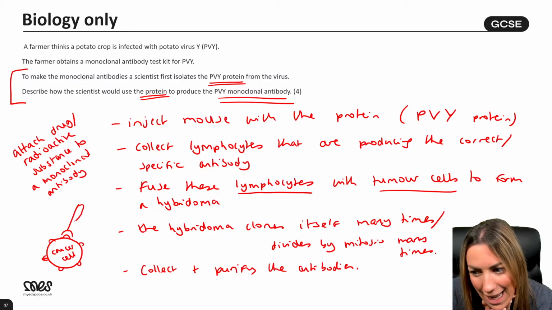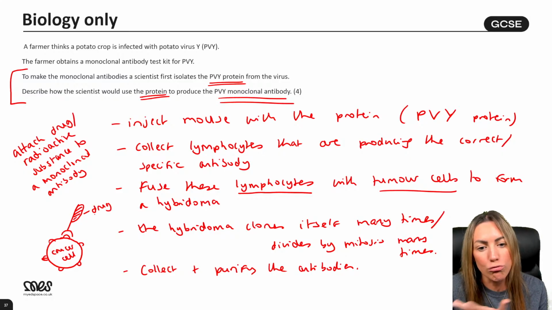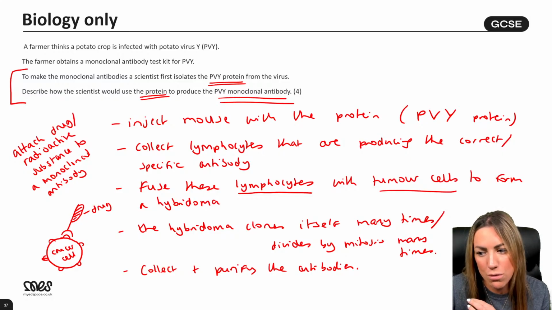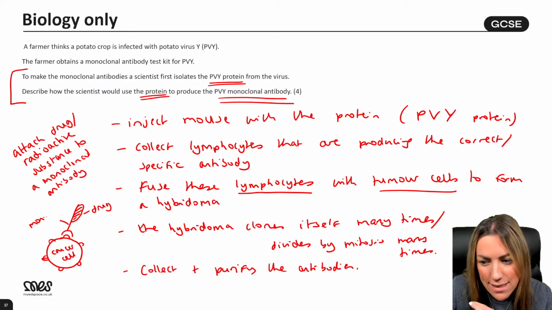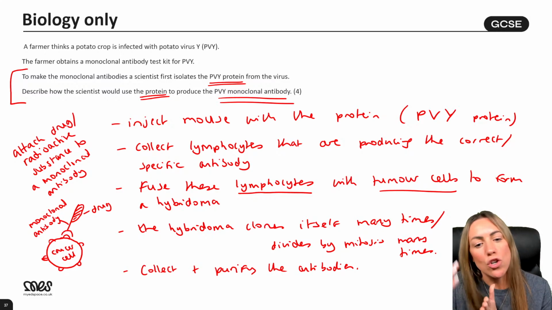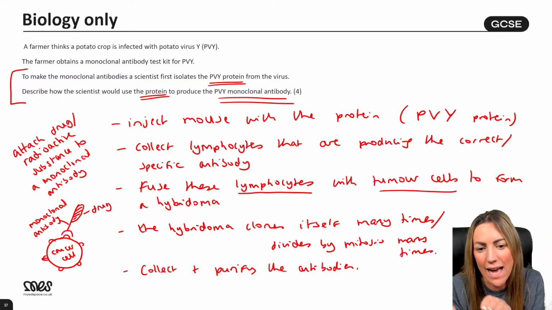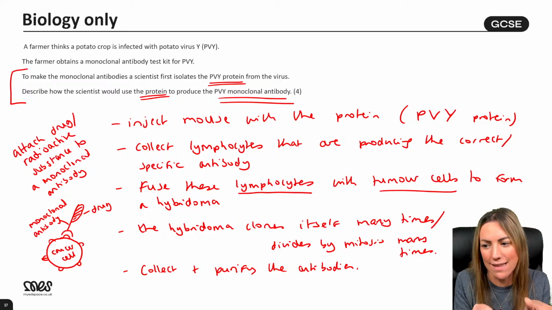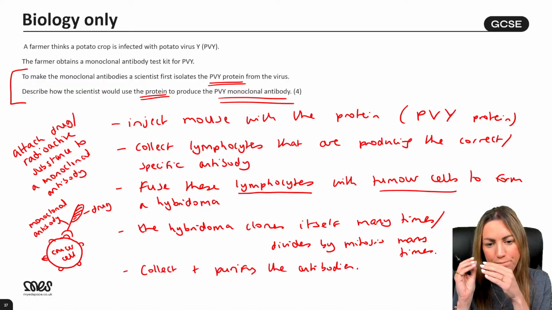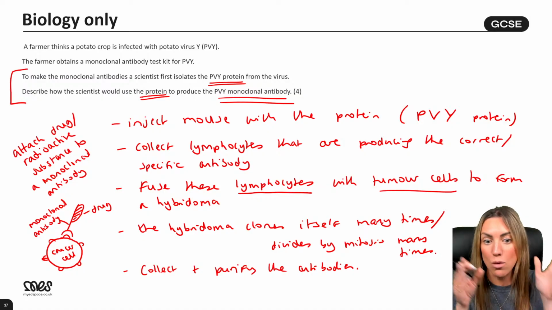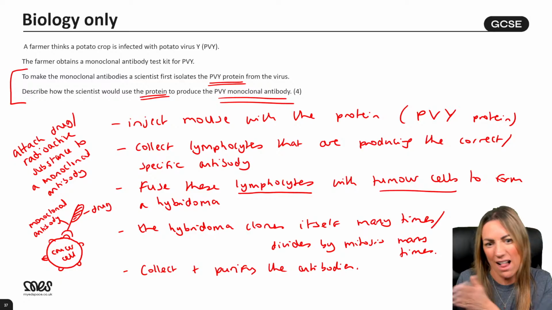And if you attach some kind of drug or radioactive substance to the monoclonal antibody, it's like you're targeting that cell. The monoclonal antibody will deliver that drug specifically to the cancer cells. So it will destroy cancer cells without destroying healthy body cells.